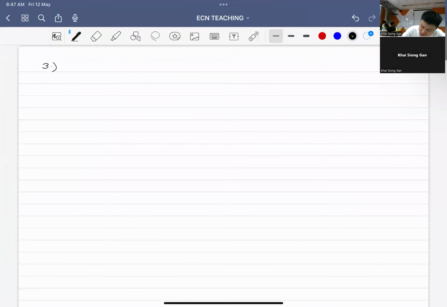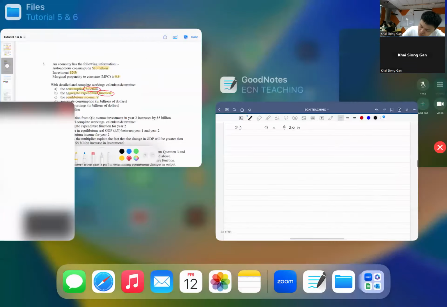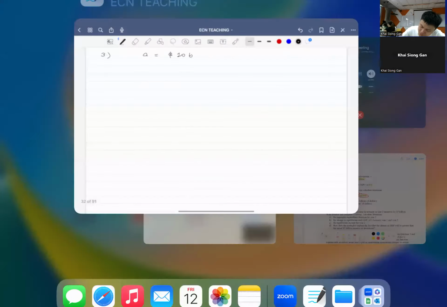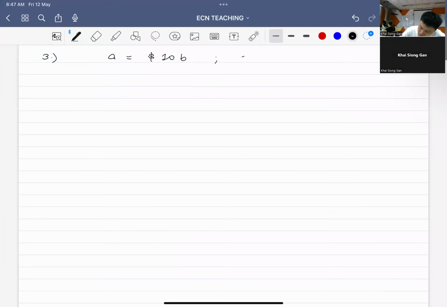Assuming this is your midterm question, this is what you will come across in midterms and your final exam as well. Now, autonomous consumption is how much? 10 billion, right? Investment is 20 billion, and marginal propensity to consume is 0.8.